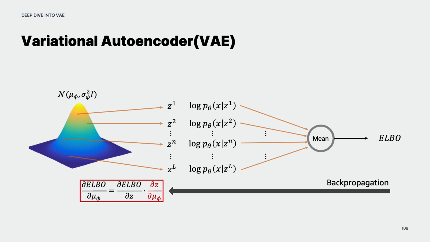For example, suppose we want to compute the gradient of the ELBO with respect to the mean mu output by the encoder. This requires applying the chain rule, where we need the gradient of z with respect to mu. However, since z is sampled stochastically, the gradient term becomes undefined, making propagation through the sampling operation infeasible.